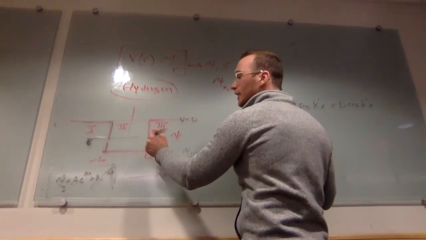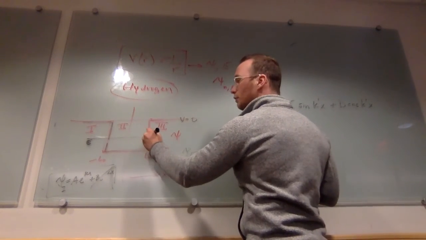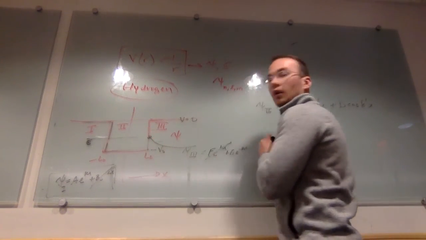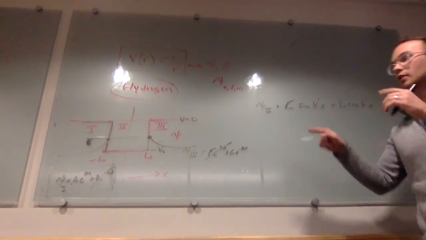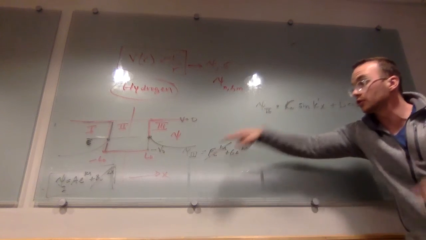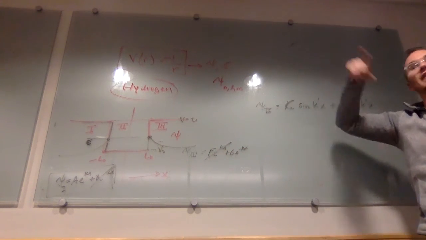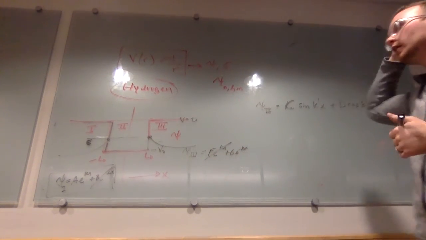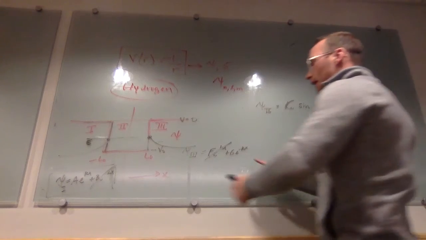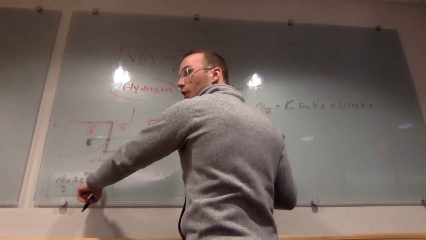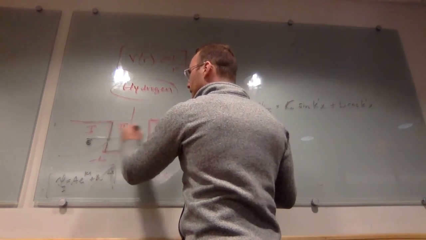A way to visually see this is that I know psi 3 has to go down to 0, and I know that psi 1 also has to go down to 0. The alternative, this term, goes up to infinity, and that doesn't make any sense.